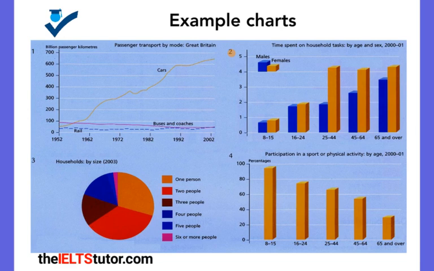Can you try to select 2 main points from each of the other illustrations and write a sentence to express these main points? Okay, I hope that was clear. So basically what I'd like you to do is just write 1 or 2 main points, an overview if you like, about graph 1, graph 3, and graph number 4. And then maybe in the next lesson we'll compare your sentences with mine and see how we get on.